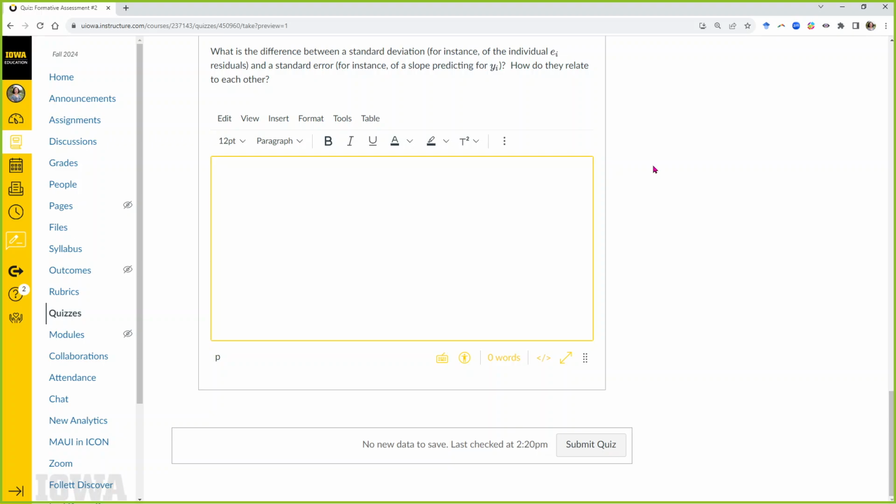Isn't one the wrongness with, say, the variable or the person, and one the wrongness among samples? Yeah, it's like the precision was the word that Lisa used a lot, relating to the standard error. So how precise you're getting that estimate, or how wrong if you're thinking the opposite way, from the slope or the intercept or the mean. Whereas the standard deviation is how far the average person is from the mean.